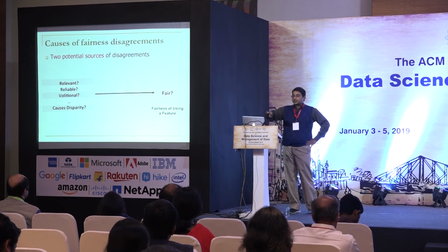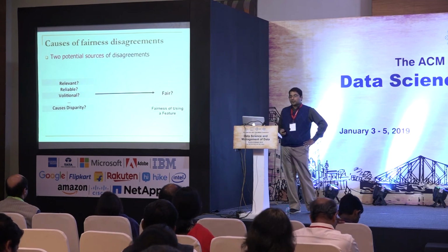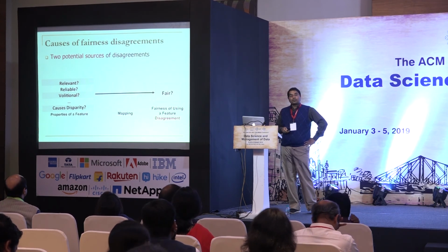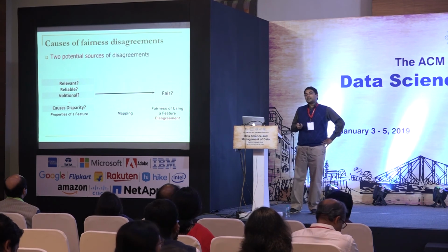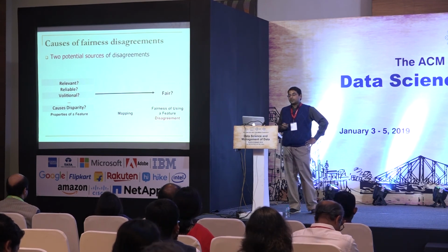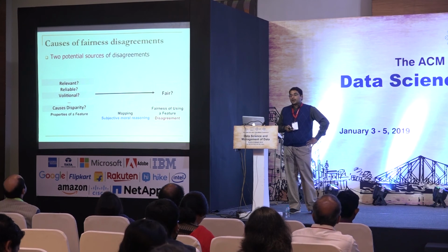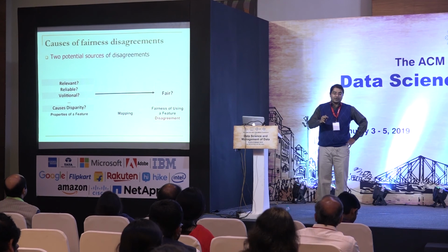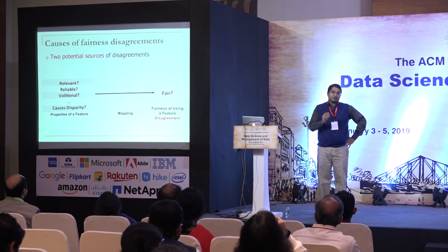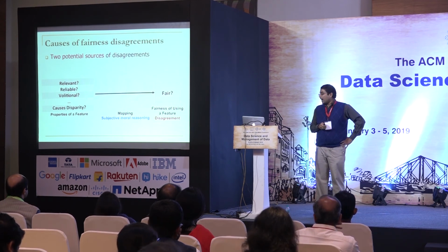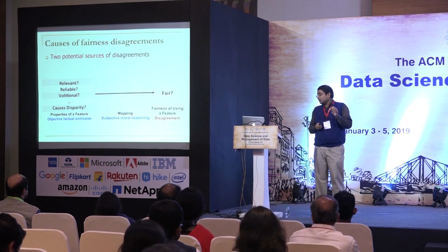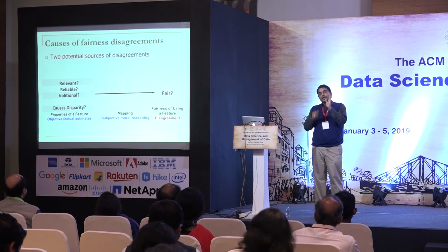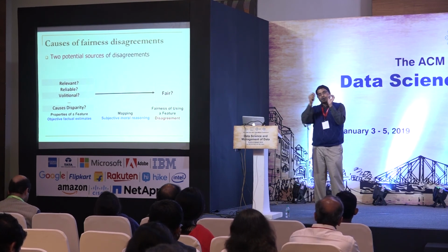Now, we wanted to quickly look at what causes the fairness disagreement. As we noticed, there is a considerable disagreement in the final fairness judgment, but this might be because you might disagree about the properties of a feature, or you might disagree about the mapping of the properties to the fairness judgment. Suppose there is a feature, and we disagreed about whether it is fair or not. It might be because we assess the properties in an objectively similar manner, but we disagreed in the mapping of the properties to the judgment.